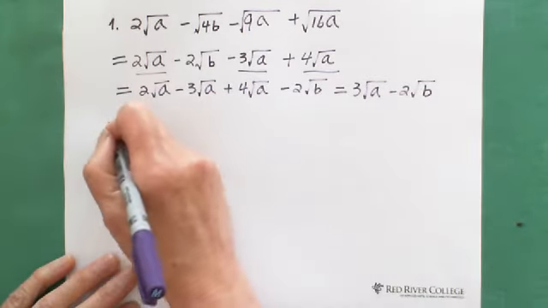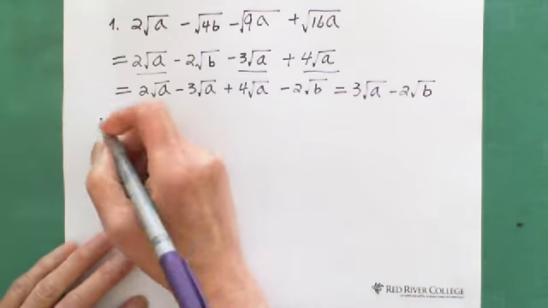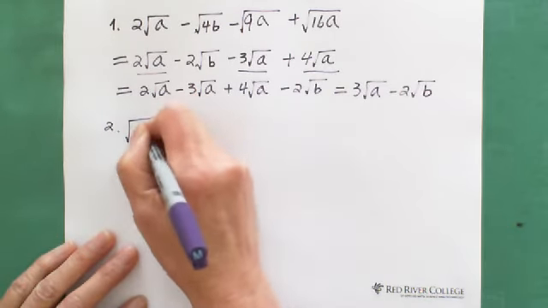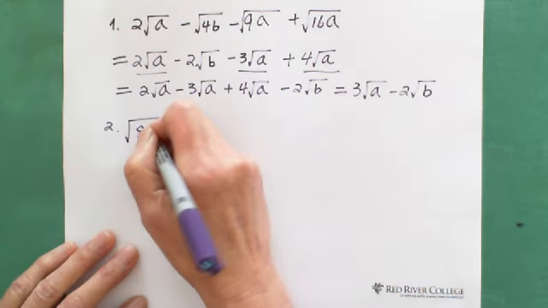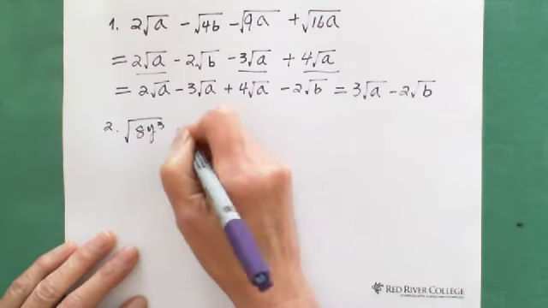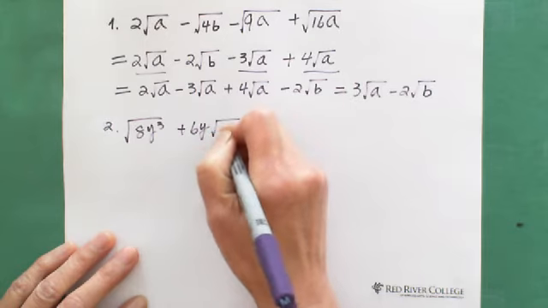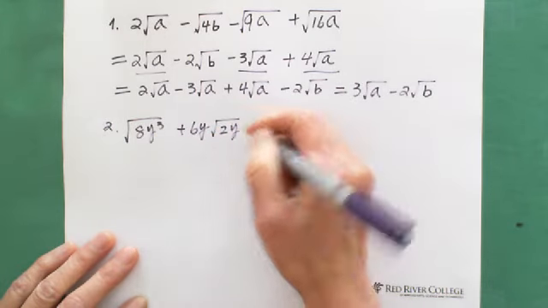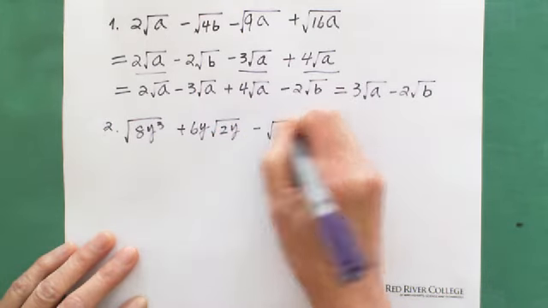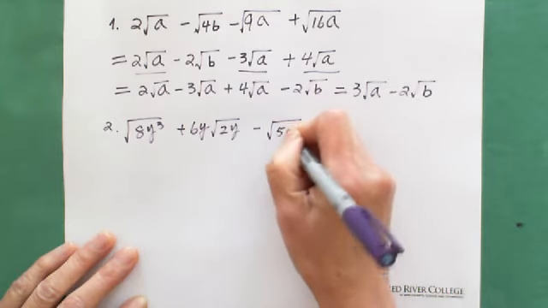The second question, I'll show you here. We have square root of 8y cubed plus 6y square root 2y and minus square root of 50y cubed.